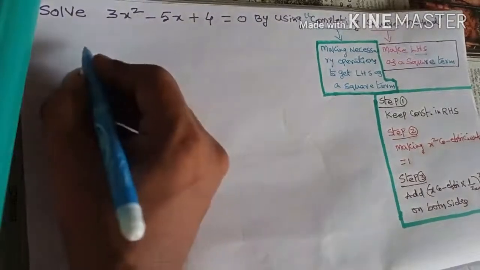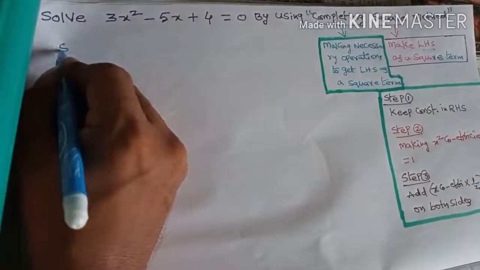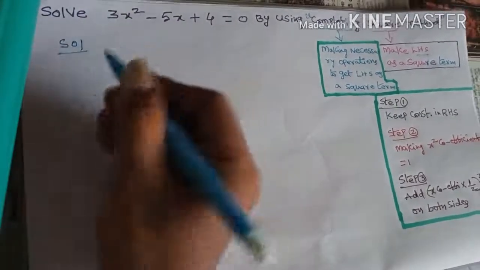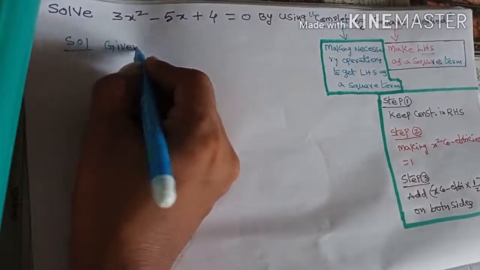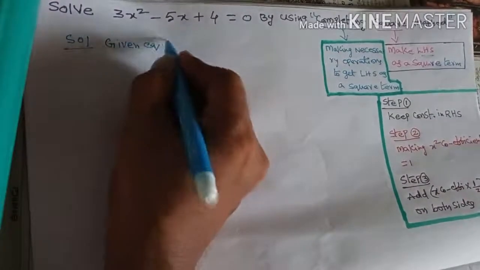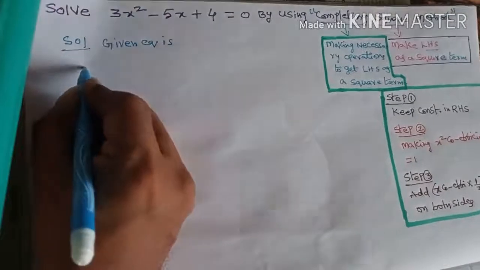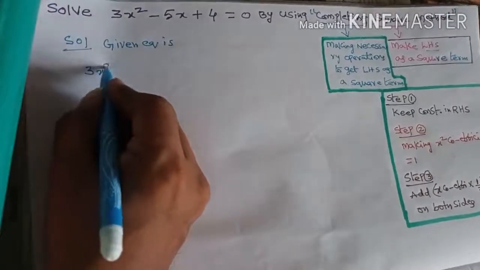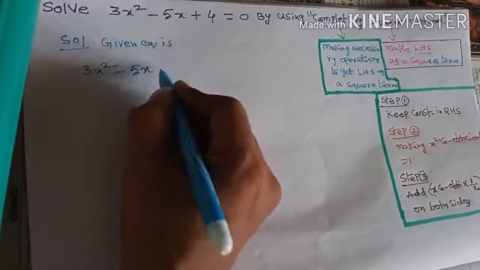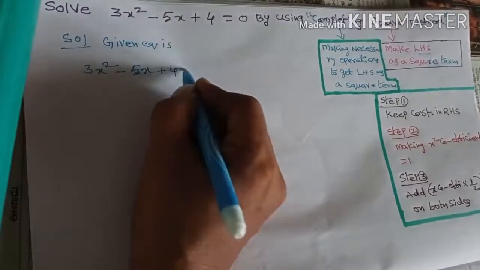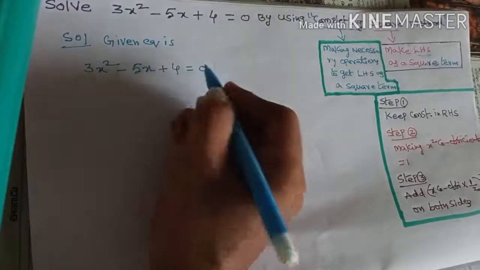Are you ready? Then what is the given equation here? In the solution, write down the given equation: 3x square minus 5x plus 4 is equal to 0.